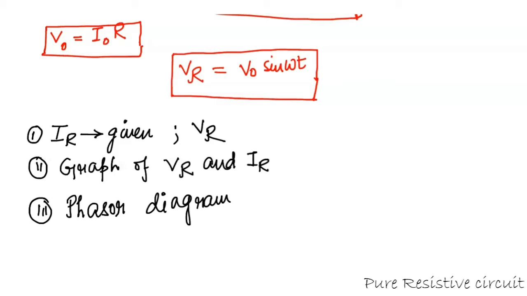First thing, IR given, VR we have to find. That part we have already found. Now second is the graph of VR and IR.